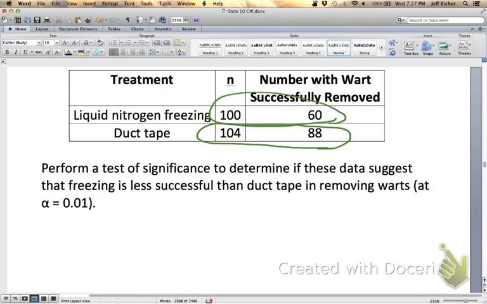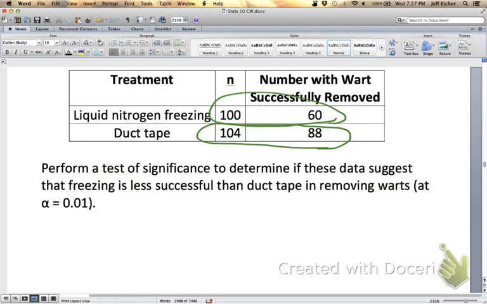However, assuming there was random assignment in this experiment, what if the people who had easier warts to remove just so happened to be randomly assigned to duct tape? Maybe it's not the duct tape. Maybe it's the random assignment. Maybe the really, really bad cases of warts, or a high number, just so happened to be in the liquid nitrogen.